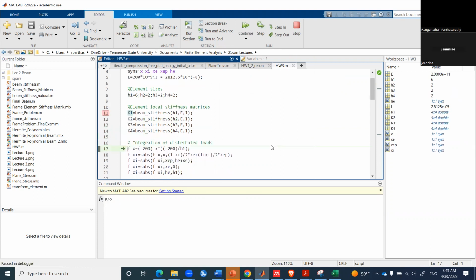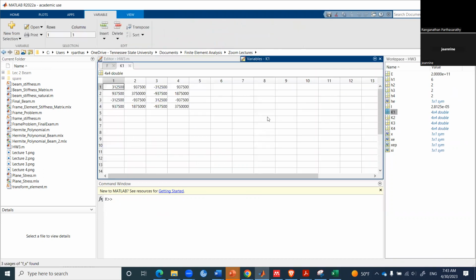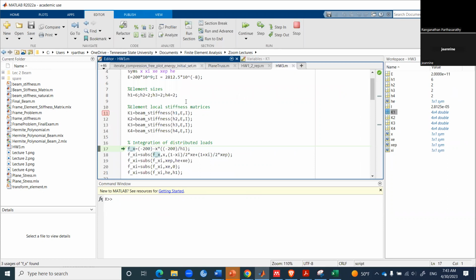So you have all of the beam stiffnesses, K1, K2, K3, K4, right? So you can check that. It is in the units Newton and meter. E is in Newton per meter square, that is Pascal, and I is in meter to the fourth.